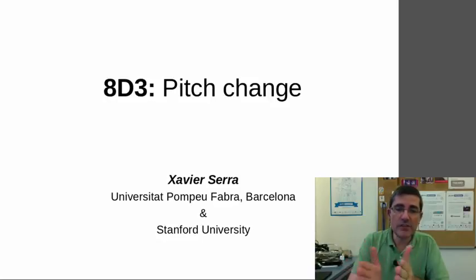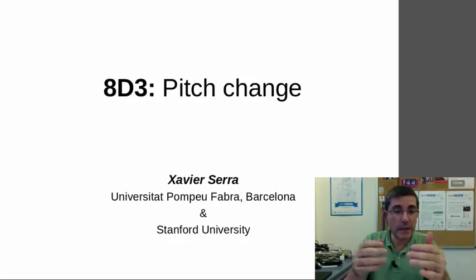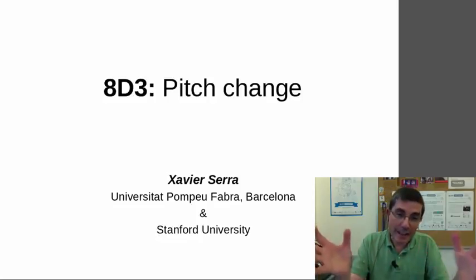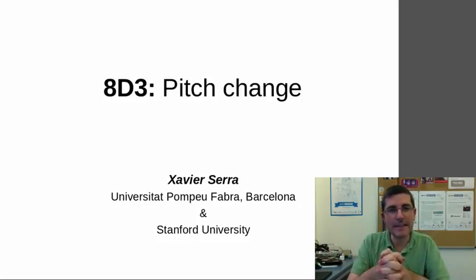Of course, pitch change can be done with the sinusoidal model, can be done with the harmonic plus stochastic, or the sinusoidal plus stochastic, or with quite a few of the models we have been talking about. And in Audacity also there are some implementations for that. So anyway, we just presented an example using the harmonic plus stochastic and the potential for this type of transformations. So I hope you got an idea of that.